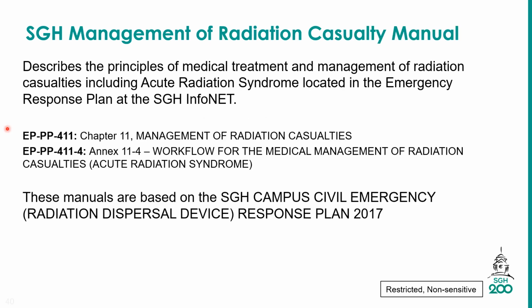There's a particular chapter, chapter 11, titled The Management of Radiation Casualties. It basically describes the principles of medical treatment and the management of radiation casualties, including ARS casualties, located in the Emergency Response Plan at the SGH InfoNet. These manuals are based on the SGH Campus Civil Emergency Radiation Dispersal Device Response Plan 2017.